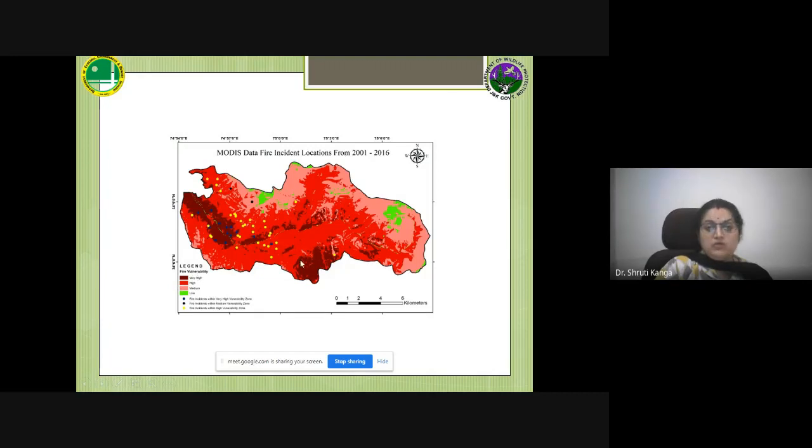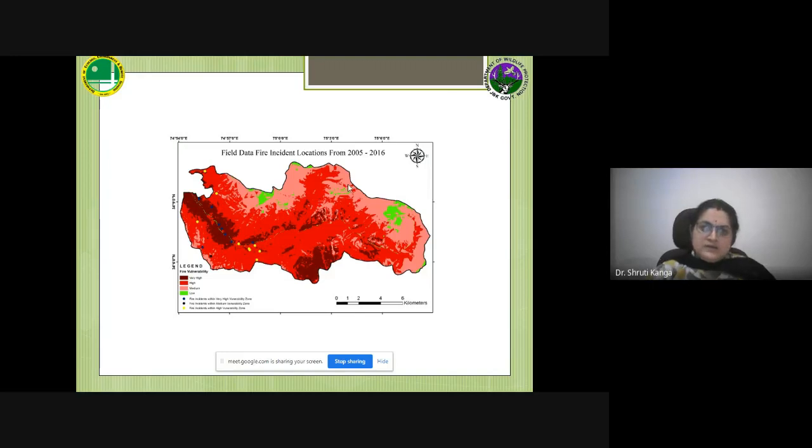So we need to be careful in these areas also. You can also quantify your data or maps based on these kinds of activities, and quantify your study based on incidents which took place in previous years.